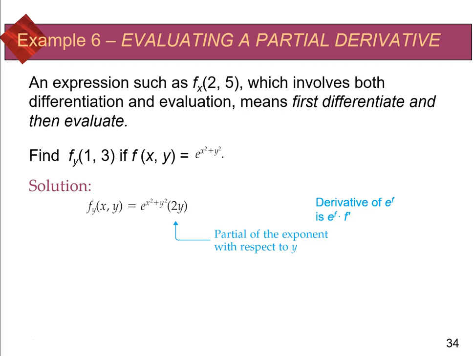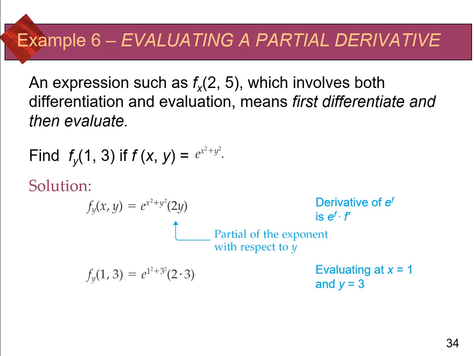For e to the x squared plus y squared power, the e to the power part just becomes e to that same power times the derivative of the exponent. Since x squared is being treated as a constant here because we're doing a partial derivative with respect to y, it becomes 0. The derivative of y squared with respect to y is going to be 2y. So now I have my expression.